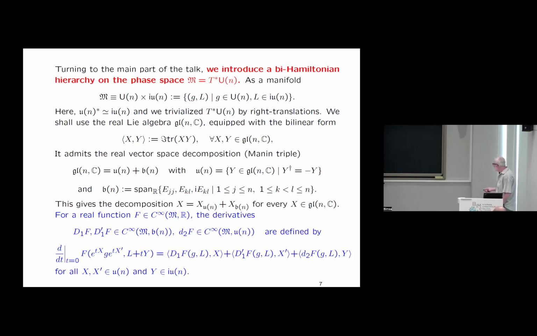And here it is just the linear derivative with respect to L, which is a Hermitian matrix. So here the derivative is just unitary Lie algebra valued, by this pairing. Maybe you don't need to remember the details. The point is that D1, D2 mean the derivative in the first and second variable.